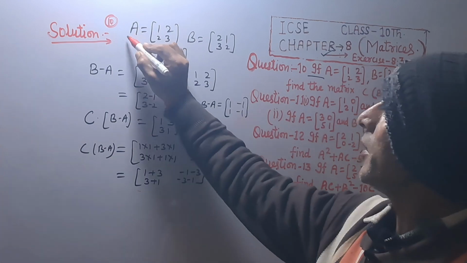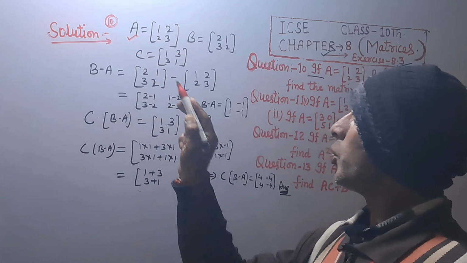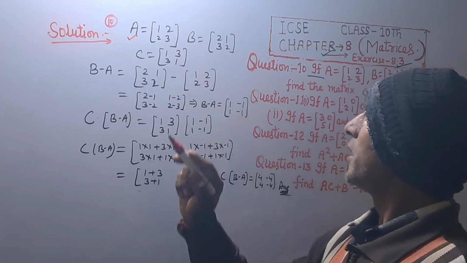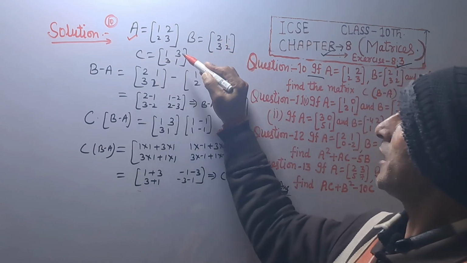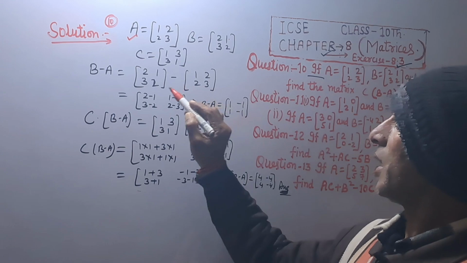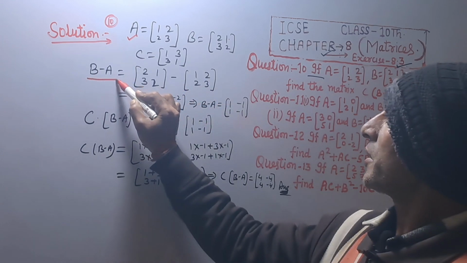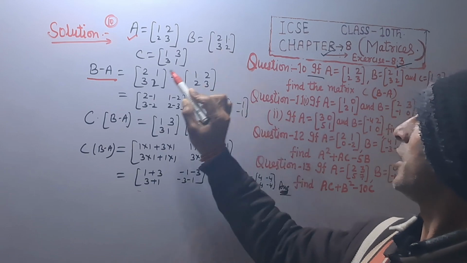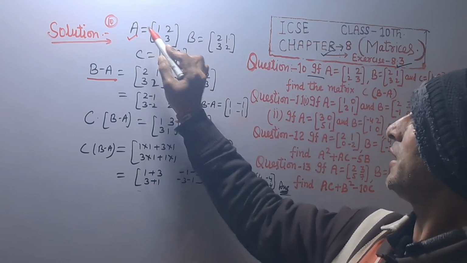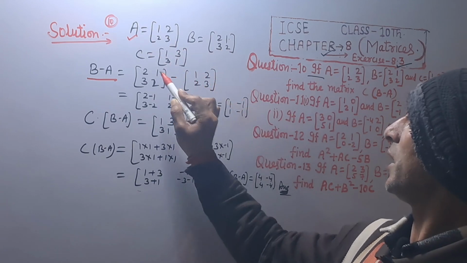Answer. Given A matrix equal to [1, 2; 2, 3], B matrix equal to [2, 1; 3, 2], and C equal to [1, 3; 3, 1]. First we find B minus A. B is [2, 1; 3, 2] minus A is [1, 2; 2, 3].